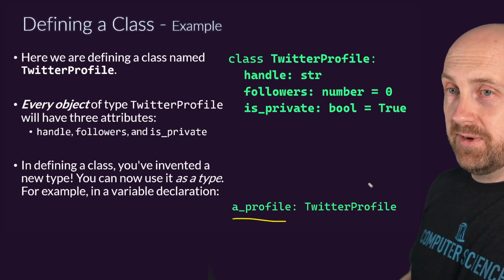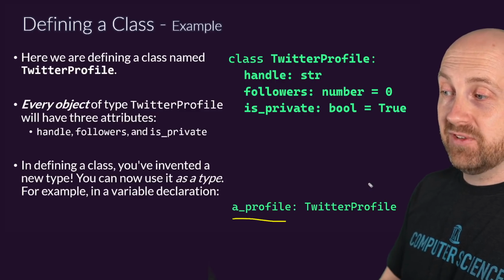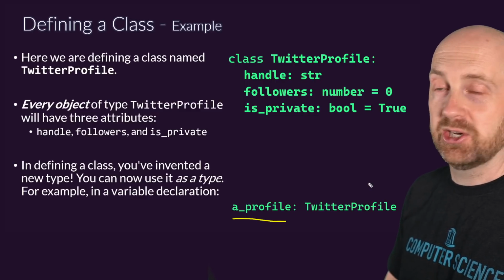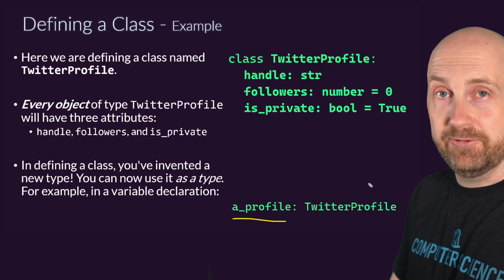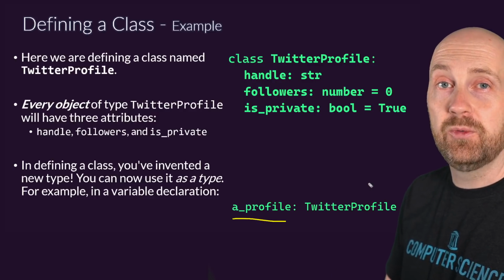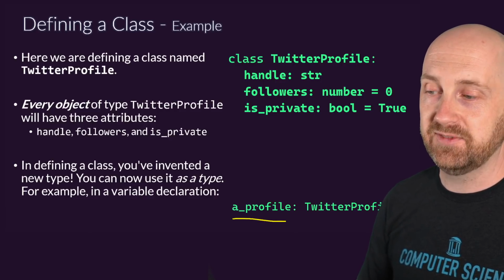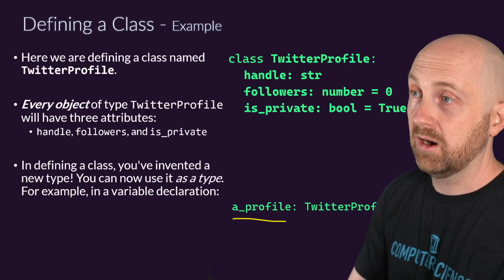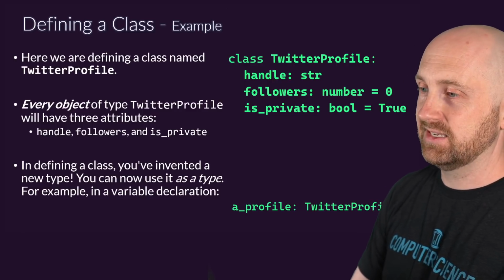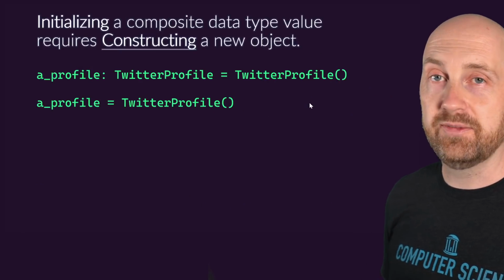We can't use this variable yet, but we can declare a variable whose type is TwitterProfile. We still need to initialize it. And this is where things get a little bit different with classes and objects than we're used to with some of the built-in types. So let's look at how we can initialize our class variables, or our object variables whose types are classes, through the use of a constructor function.